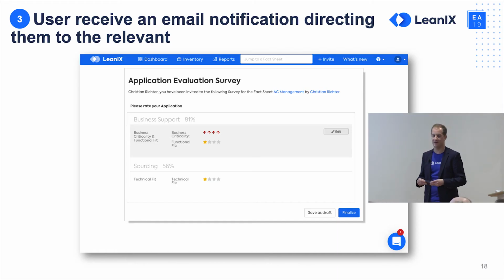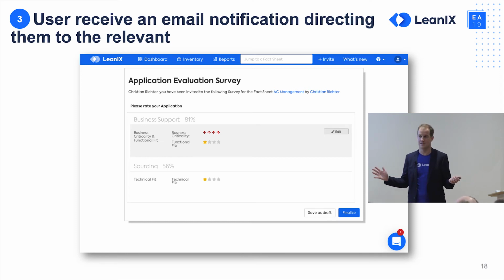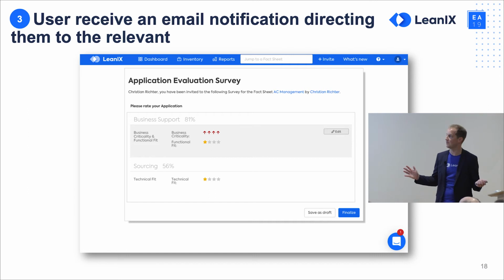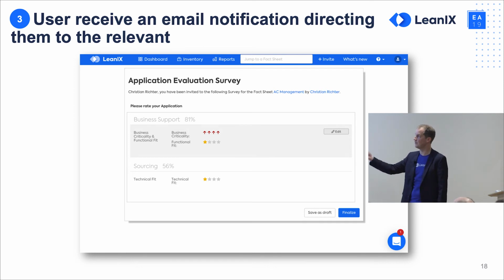So how does it look for the user? Because currently we only had the EA view of that. It's really simple in that way. I mean, imagine you reach out to 100 people, and some of them might not have used LeanIX as very proficient users, but basically for a user who receives that, it looks very simple.